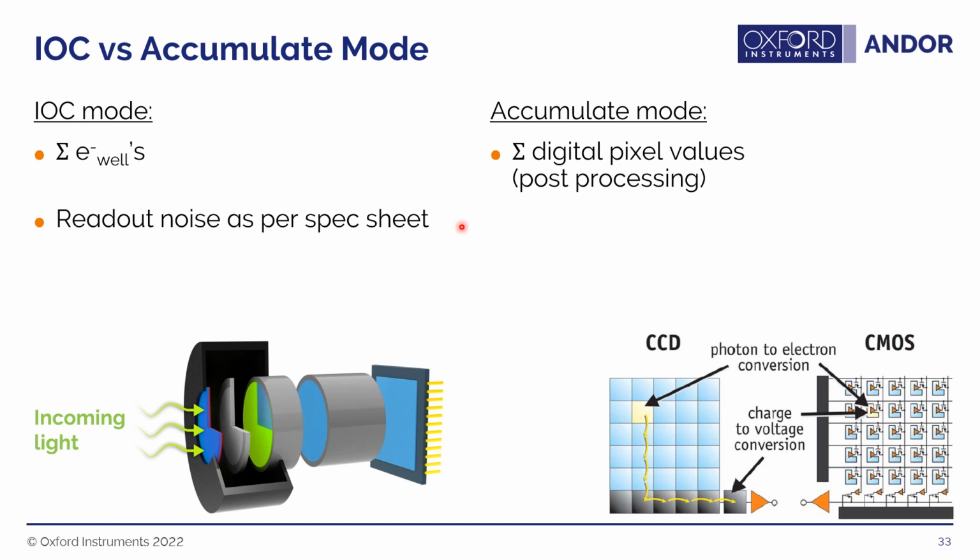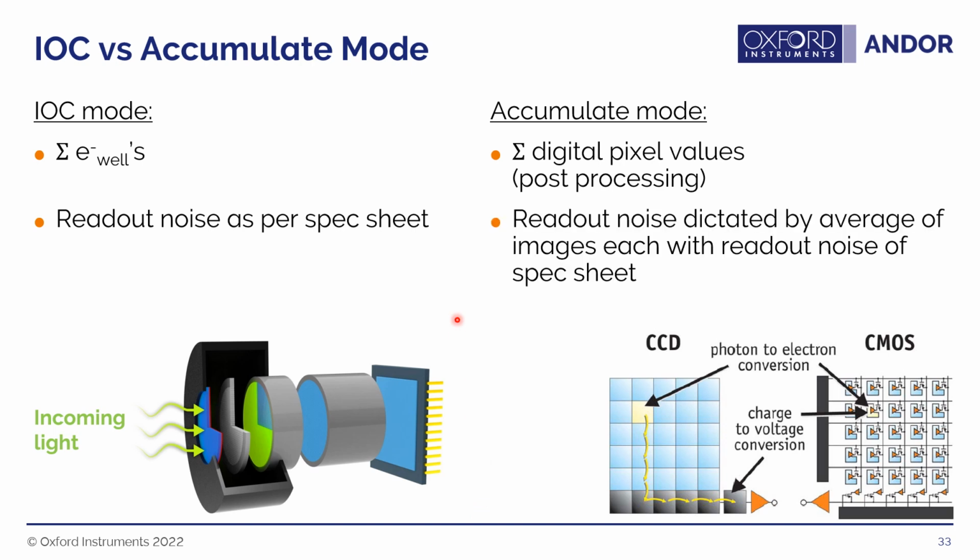For integrate on chip, the readout noise is as given in the spec sheet, because you're reading out one time. Whereas the readout noise for accumulate mode is dictated by the average of images, each with readout noise at the spec sheet value.